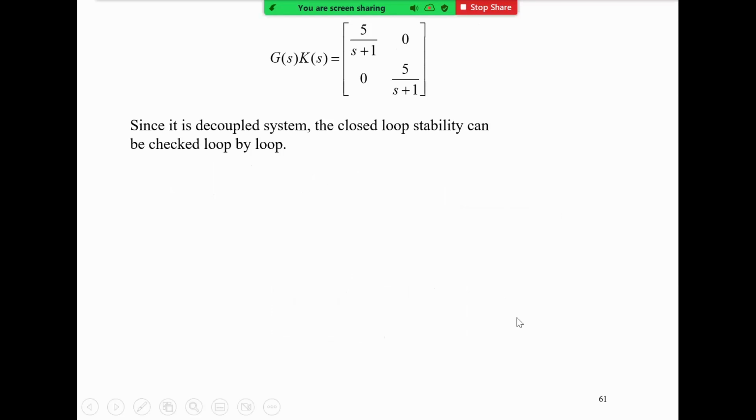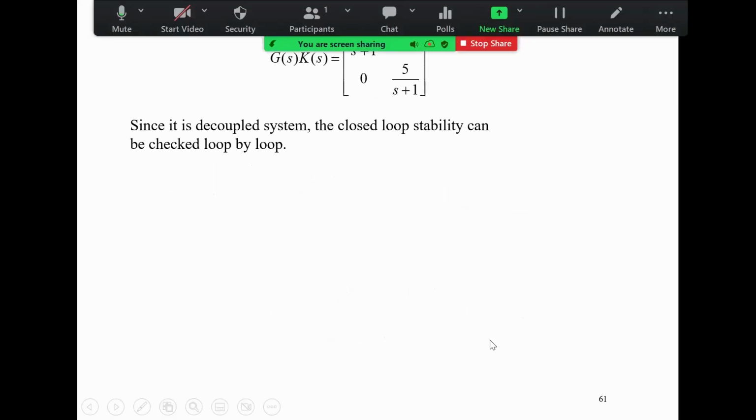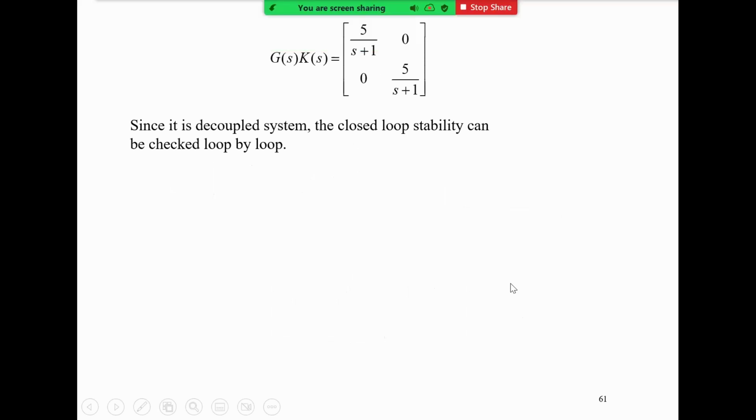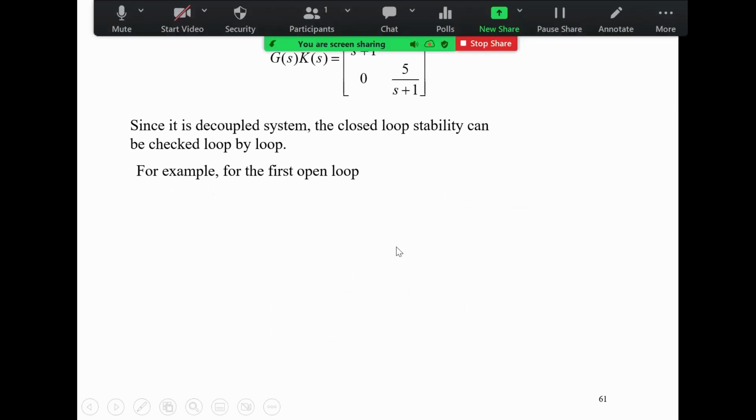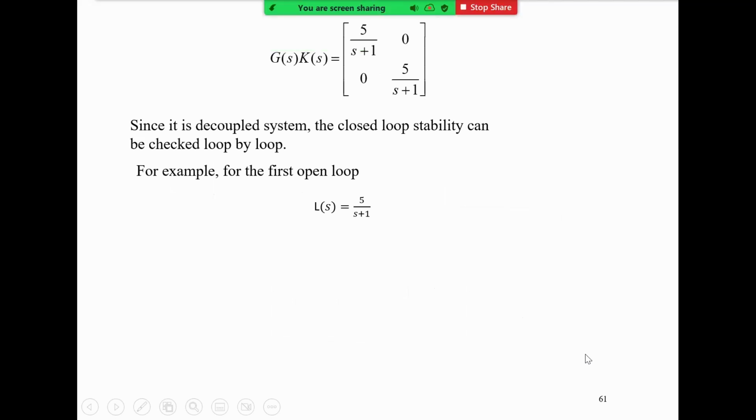So now finally, it's a decoupled system, and we can check whether the closed loop is stable or not. Those are just the open loop transfer functions. The closed loop transfer function is easy. We just check it one by one. For the first open loop, 5 over S plus 1 is the transfer function.